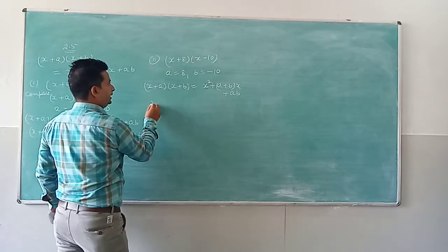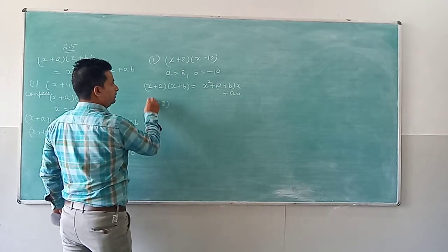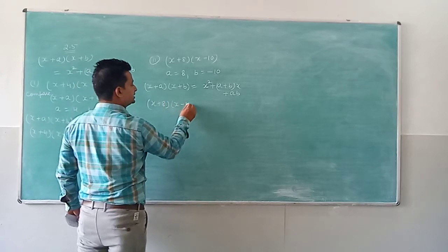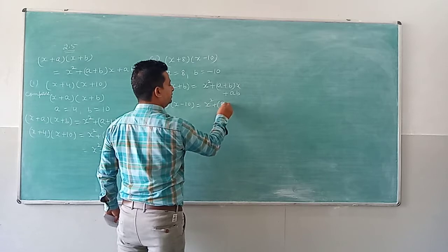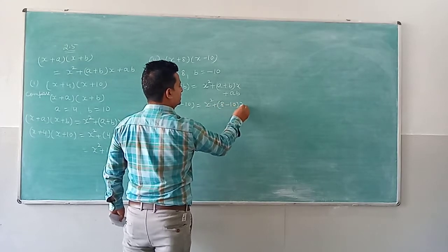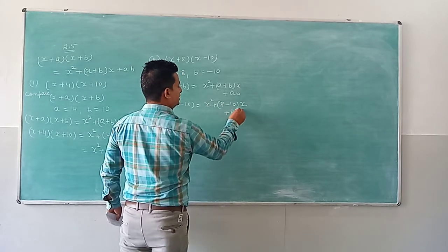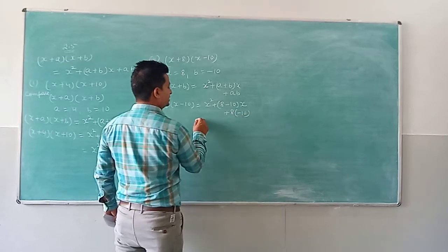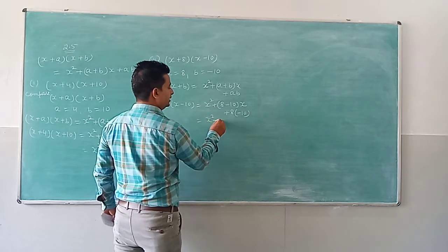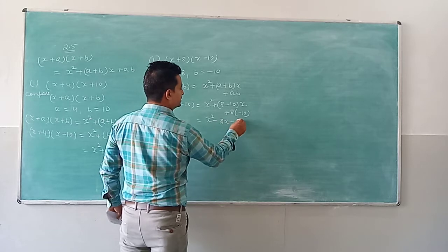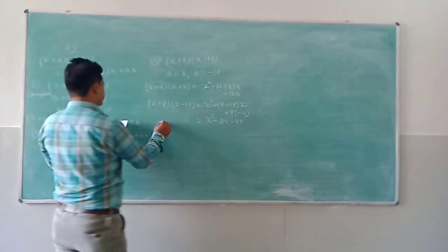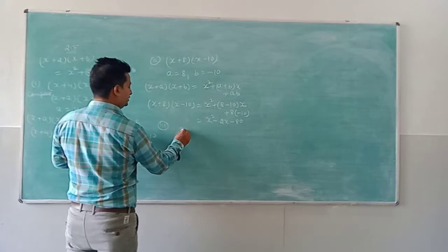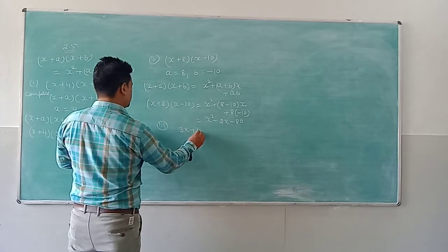Here a is 8, b is 10. So a is 8, b is 10, plus 8 into 10. So this is x² + 2x + 80. This is the product.